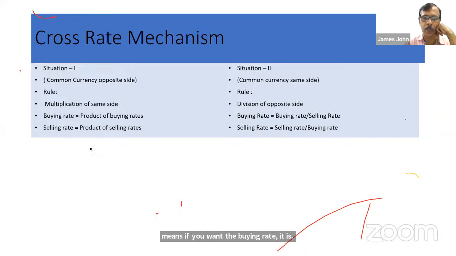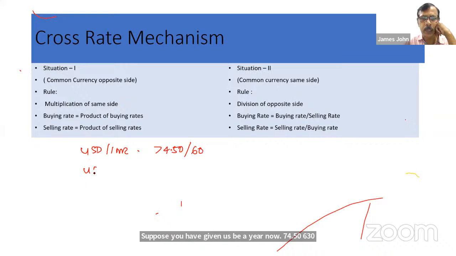I will give an example. Suppose you have given USD INR, say 74.5060, and you have given another rate, USD SGD is equal to 1.2526.